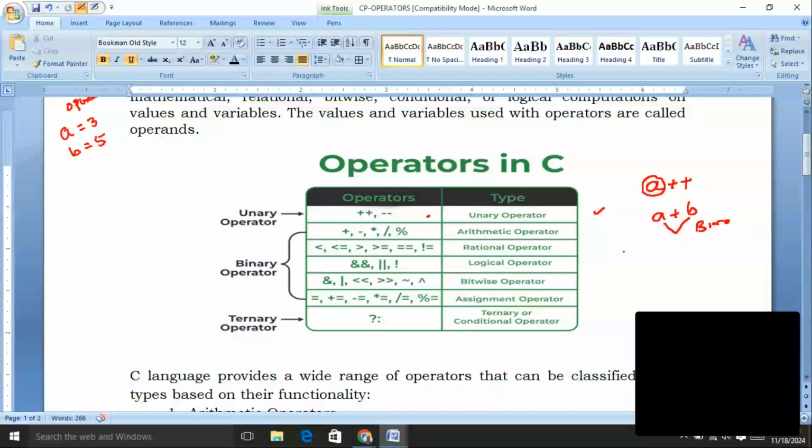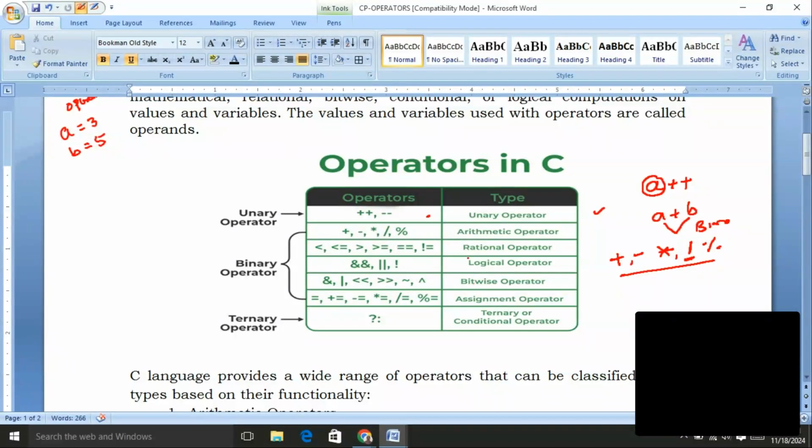The remaining are plus for addition, minus for subtraction, asterisk for multiplication, slash for integer division, and to get the remainder value, which we call modulus, we have the percentage symbol. I will demonstrate this separately. So these are the arithmetic operators.